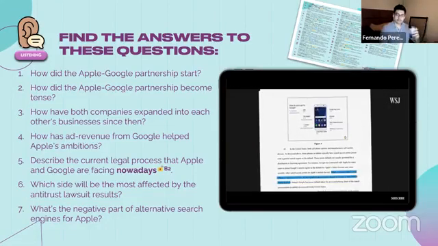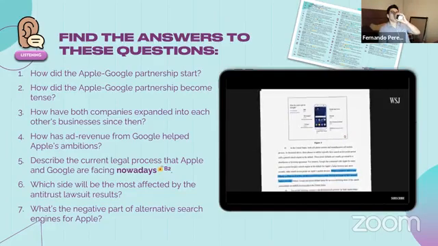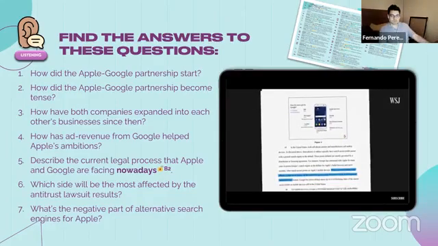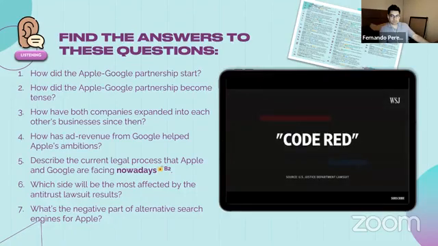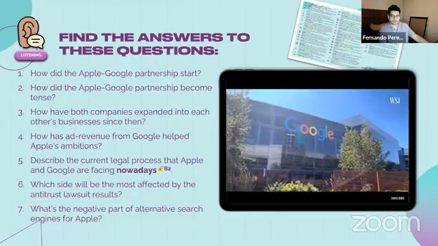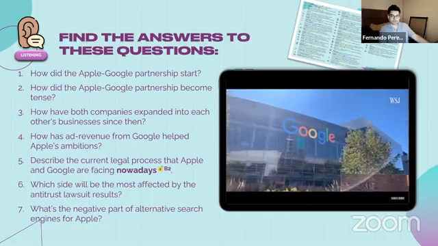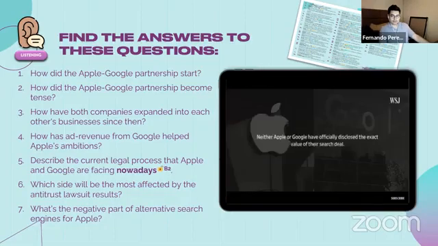One way the Justice Department says Google maintains its dominance is through exclusive business deals, like through its partnership with Apple. According to the lawsuit, some people at Google called the prospect of losing its default status on Apple devices code red. Google representatives said they weren't aware of the code red language used in the lawsuit, and neither Apple nor Google have officially disclosed the exact value of the deal or commented on the Justice Department's $8 to $12 billion projection.